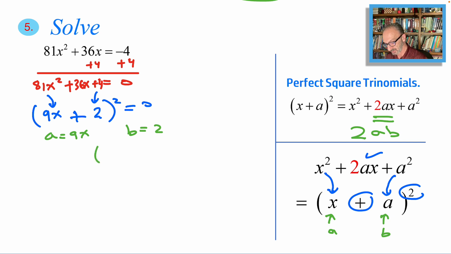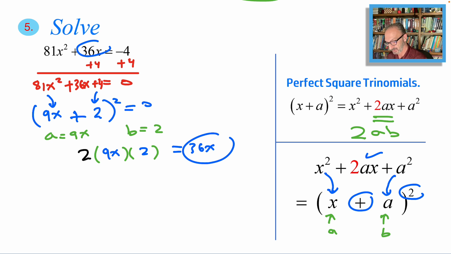So to multiply these two, and after that we double it, we end up with 9x and 2. 2 times 9x is 18x. 18x, when you multiply it by 2, when you double it, you get 36x. And that is the middle term right here.